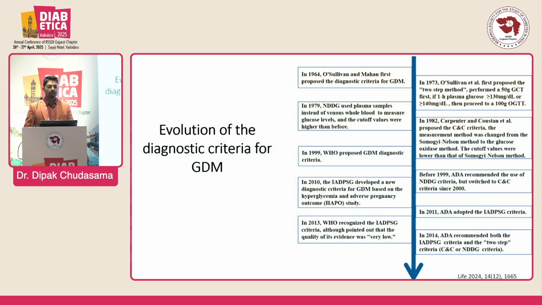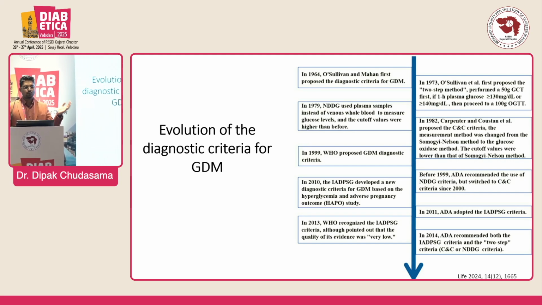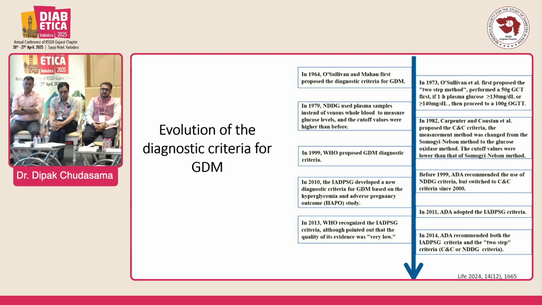What is the evolution of diagnostic criteria in GDM? In 1964, O'Sullivan and his partner first proposed criteria for the diagnosis of GDM, and in 1973 they came out with the two-step method: perform a 50 gram glucose tolerance test, and if it is positive then go for the 100 gram glucose tolerance test.